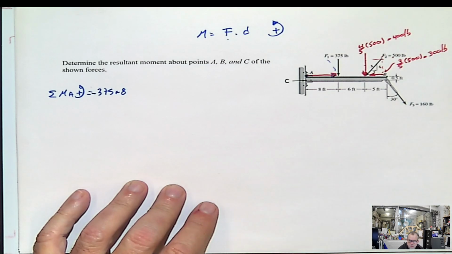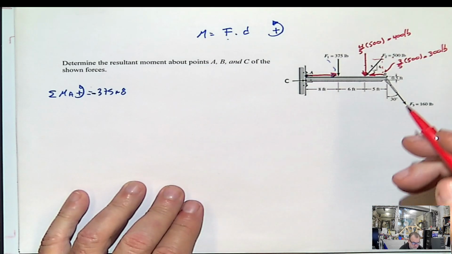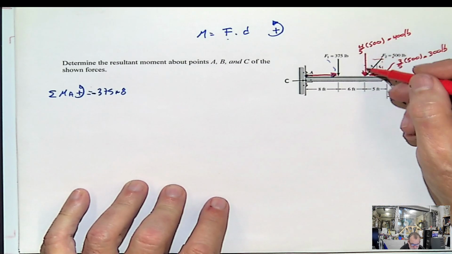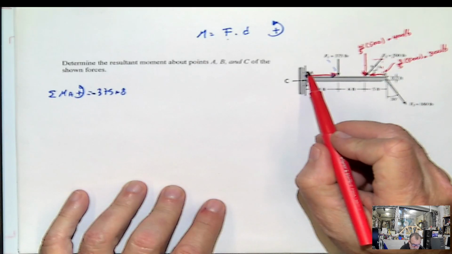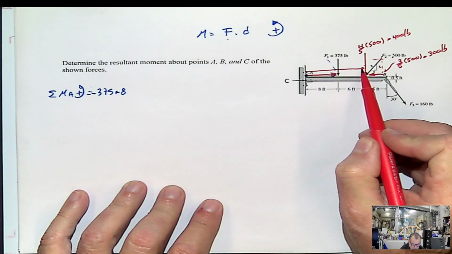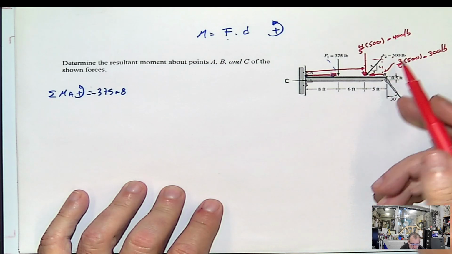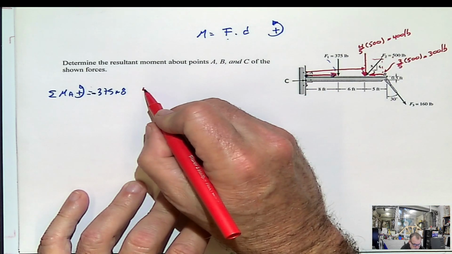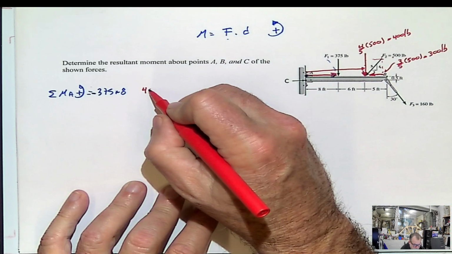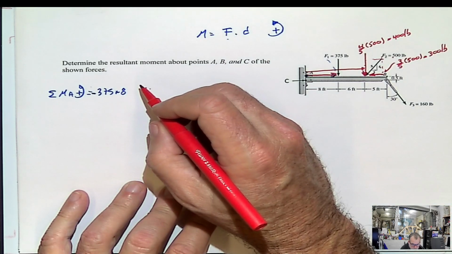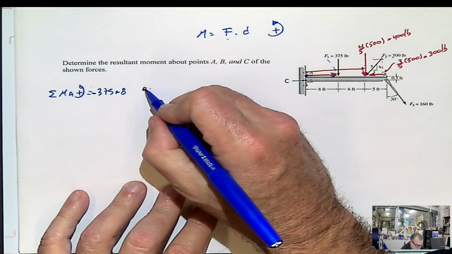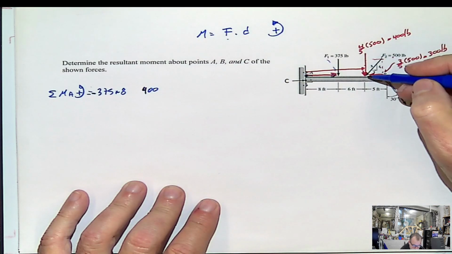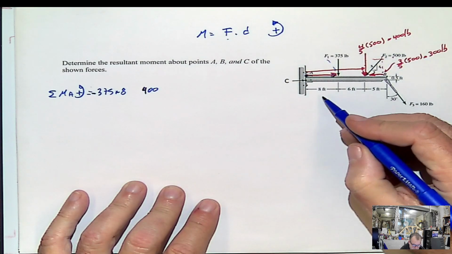And now you divide and conquer. You start studying the effect of each one of the components. Let's start with this component. Vertical force, the horizontal distance will be this one, 8 plus 6. 400 vertical force, horizontal distance, 14.